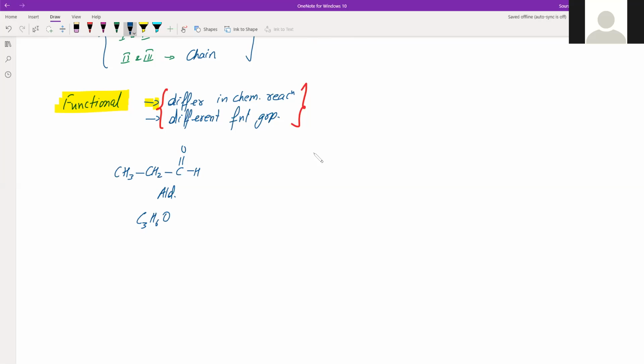The other structure for this can be CH3, C double bond O, CH3. Now what do we see here? This one is actually a ketone, and the formula for this is the same, that is C3H6O. So the formula is the same, but one of them is an aldehyde and another is a ketone.